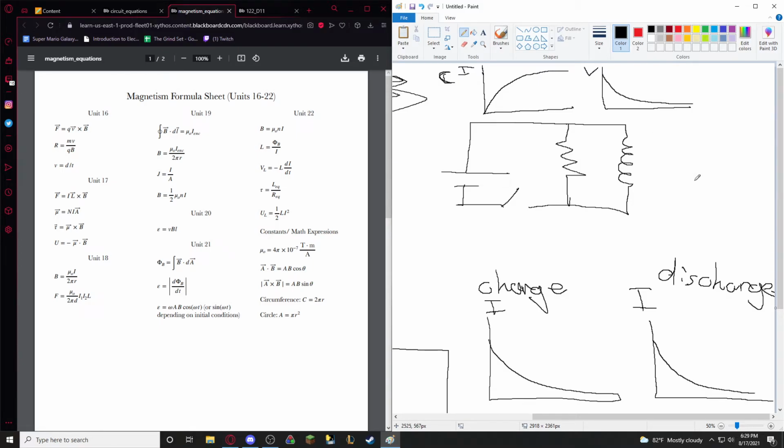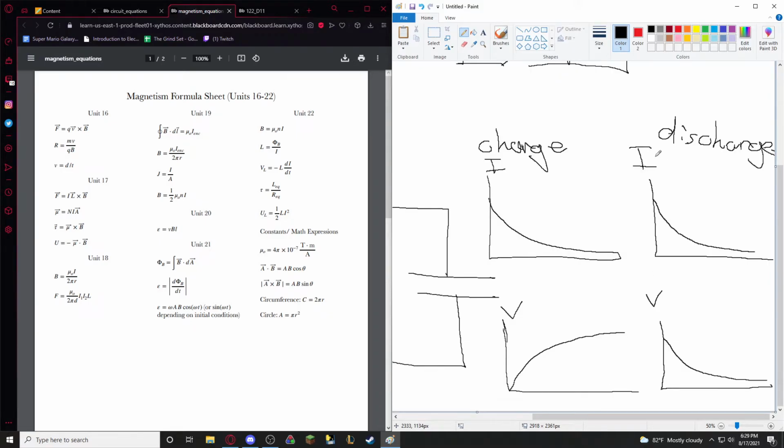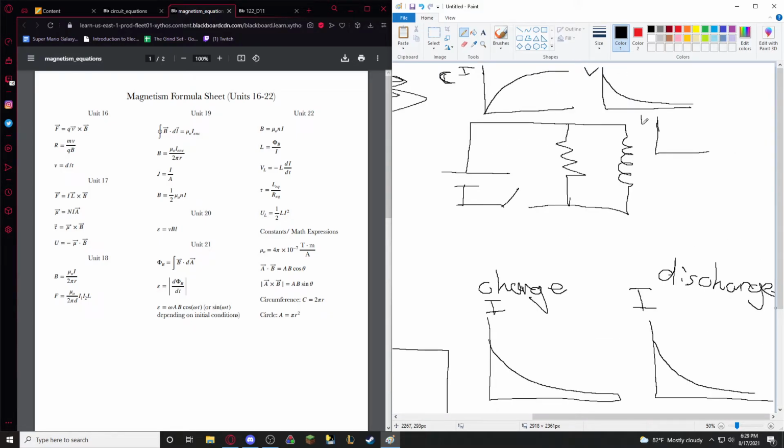Now, what happens when we disconnect the battery? What does the inductor act like? Does it too act like a battery? I know the current is at max and then decreases, and the same thing with the voltage. So you're saying the current starts at a maximum and decreases?